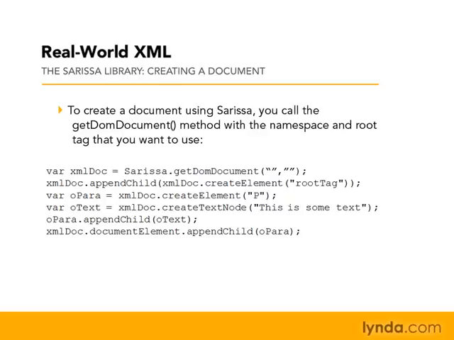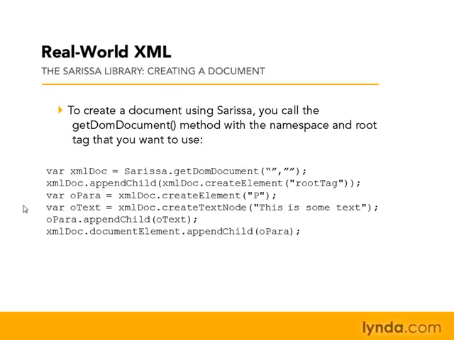So looking at the previous example that we've used in both the Firefox and IE sections, what we've done here is change the way we instantiate the XML document to just call the Sarissa library's getDomDocument method. And we're passing in two empty strings here. And then it's just a matter of using the standard DOM functions to create the document content.